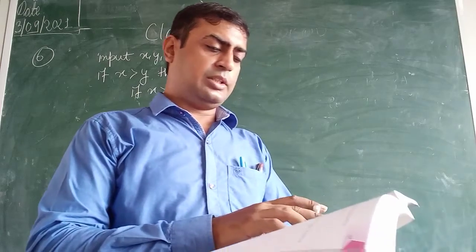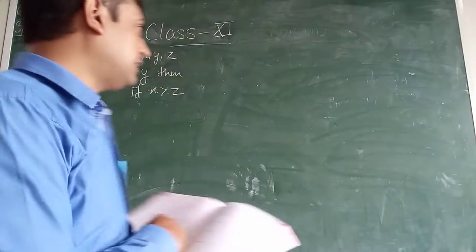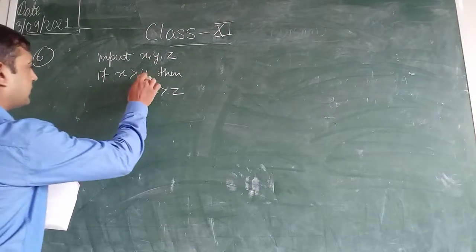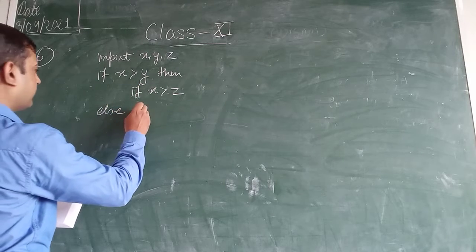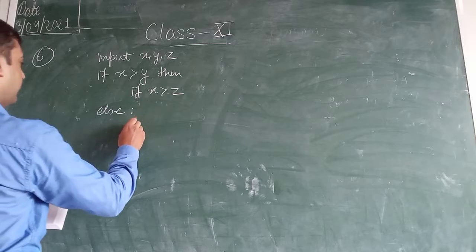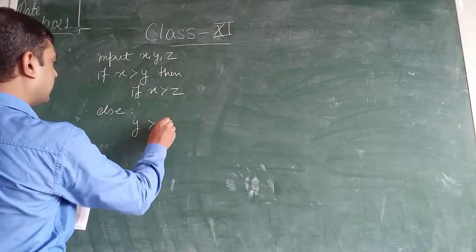And if no, then y is greater than z. If it is, then this, else part, y is greater than z.